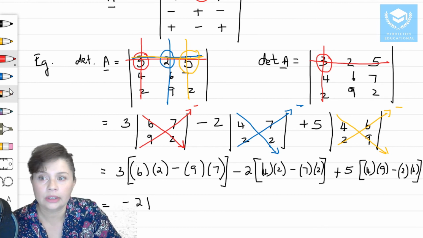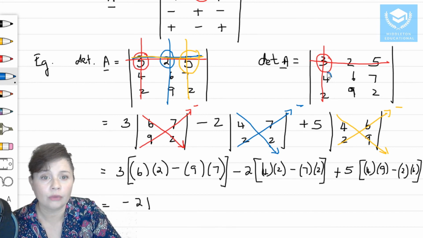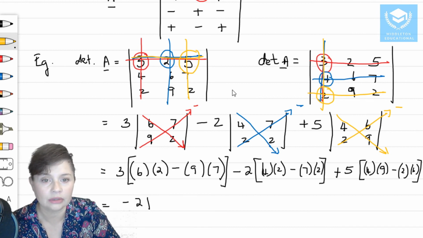The second one is going to be the 4. And you go through the same procedure as you did the first time, like that and that. And you go through the same calculation.